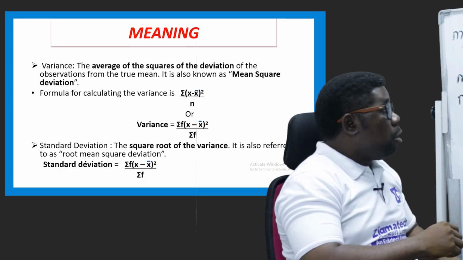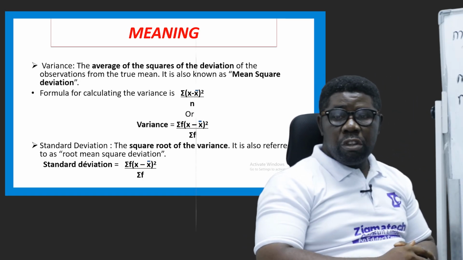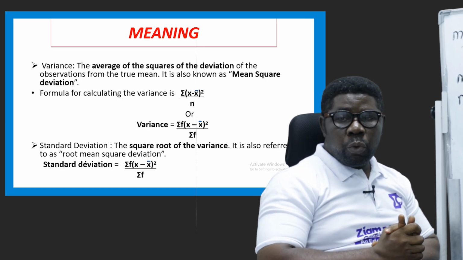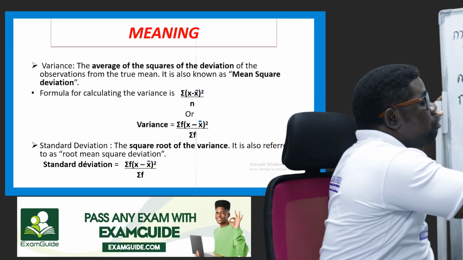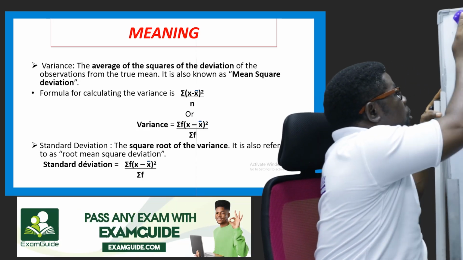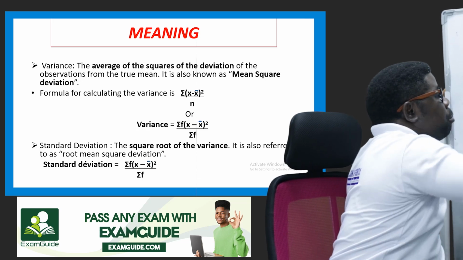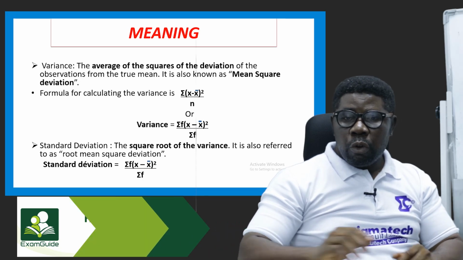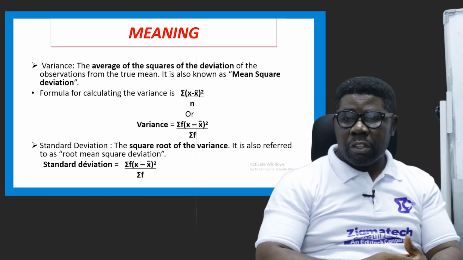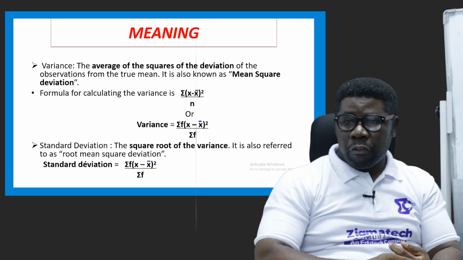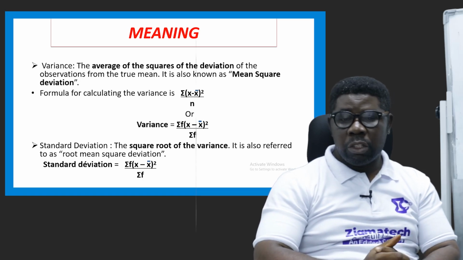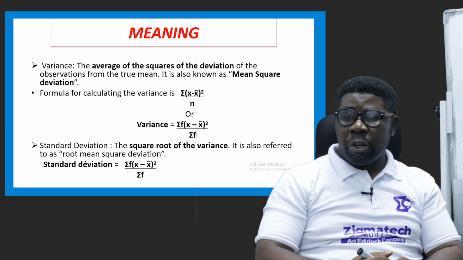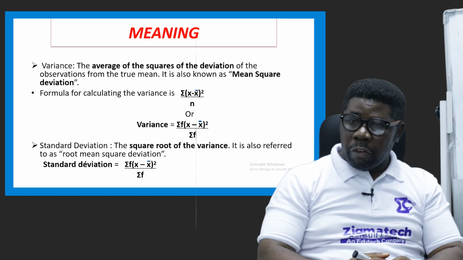So we have considerations for mean and variance for grouped and ungrouped data. We have problems for grouped data and for ungrouped data. For calculating variance in ungrouped data, you use the first one, which is summation of (x minus x bar) squared over n.